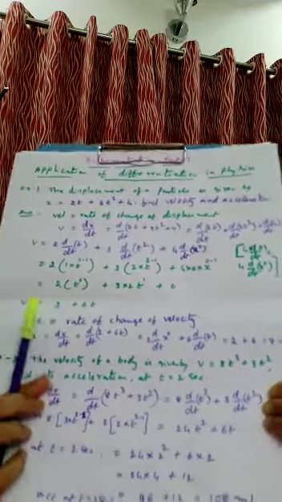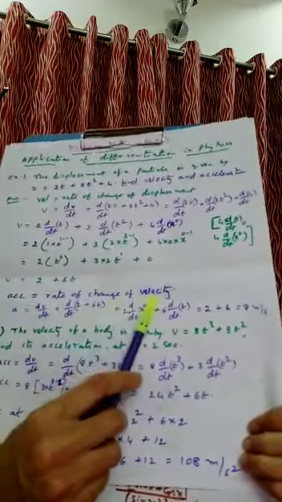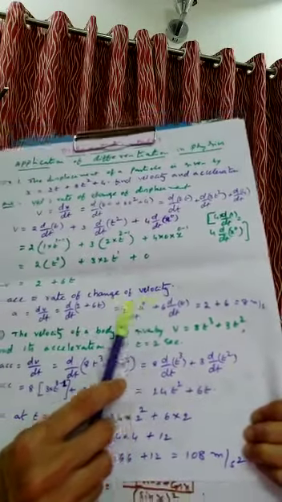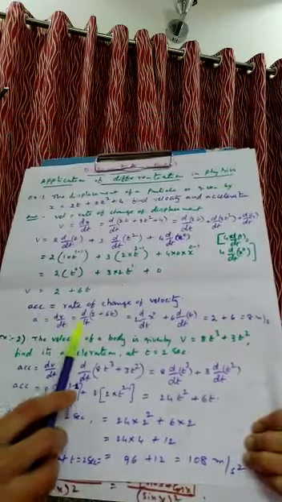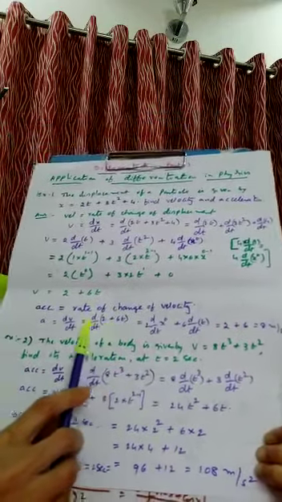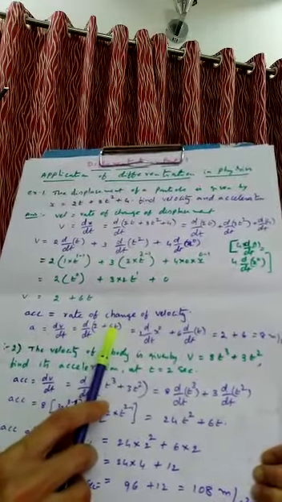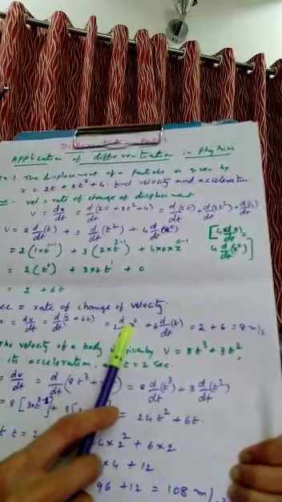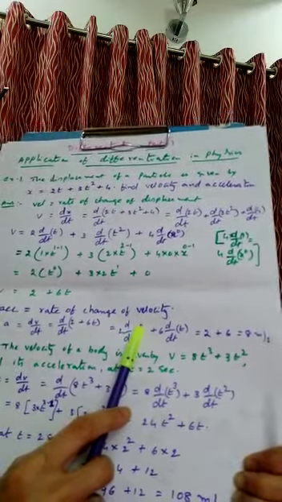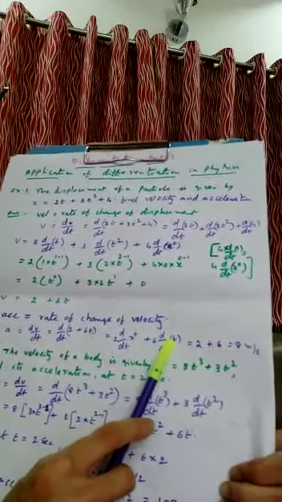Then what is acceleration? The acceleration is given by the rate of change of velocity, that is, dv by dt. So acceleration is d by dt of the velocity 2 plus 6t. Again differentiate: 2 you take out, d by dt of x raised to 0, plus 6 into d by dt of t.